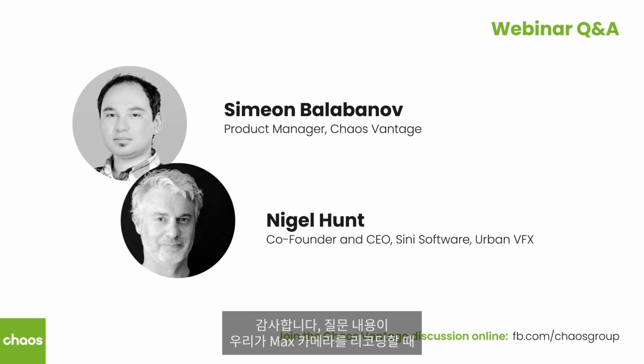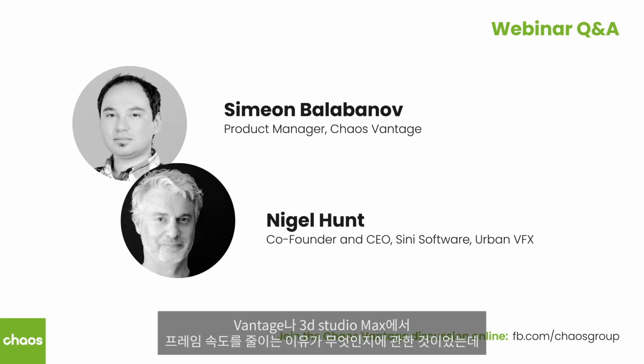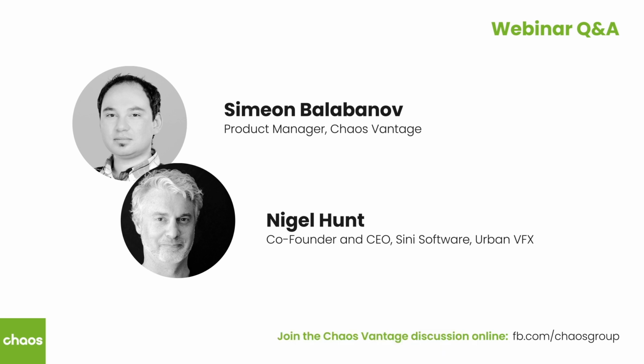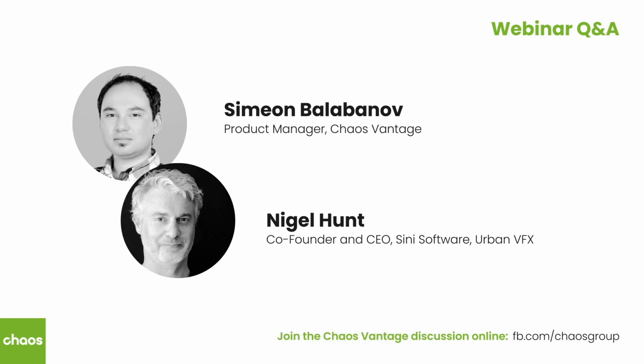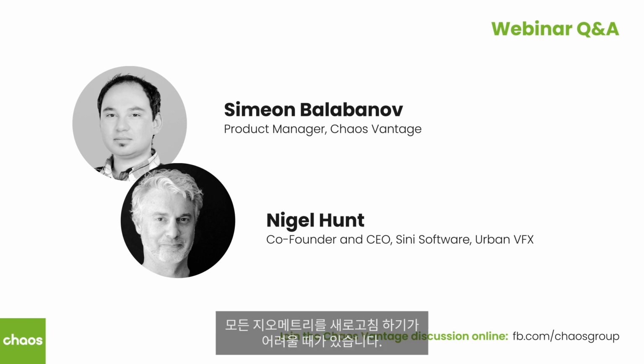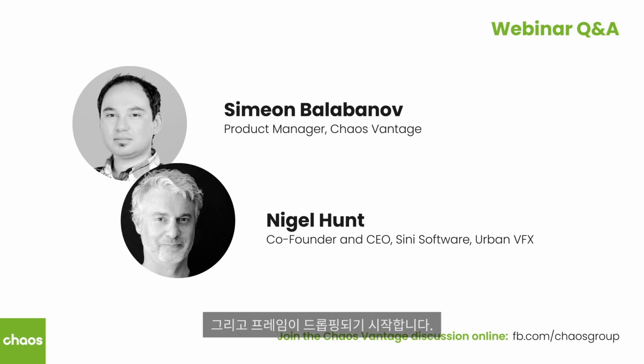What was the reason that we slowed down the frame rate in 3D Studio Max when we record the Max camera? It was one of the tips from the Chaos forums to get rid of the stuttering. Now, in Max on a bigger scene, if you push play on the playhead, it sometimes struggles to actually refresh all the geometry, so it's going to start dropping frames.